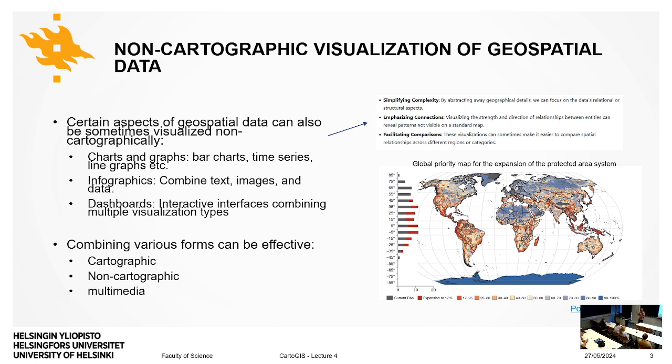This is something to keep in mind in your work and also in the final portfolio you're creating, because you're working with a bigger data set, so there are probably many aspects of the data that you want to explore. A map may not be enough, so you may want to explore different ways of visualizing different aspects of your data.